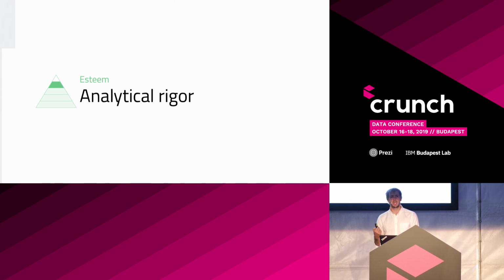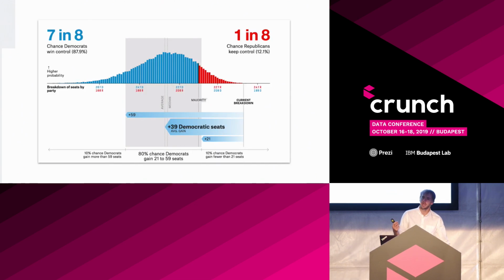And so that's why when you're looking at things like election forecasts from folks like Nate Silver, you'll often see something like this that isn't "Democrats are going to win the House." It's this very complex breakdown of all these different scenarios that could happen. It's a more rigorous answer: this is how we think this situation will play out, and we want to present to you much richer information than just whether Democrats are going to win or not.